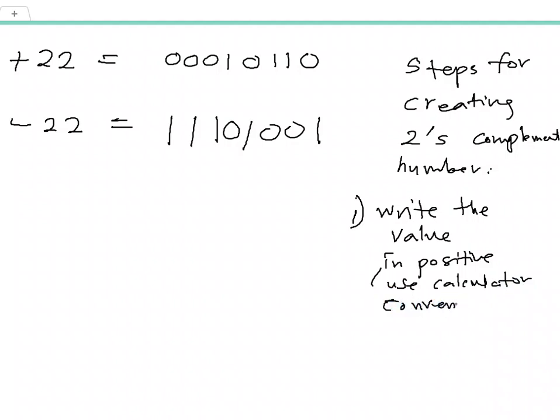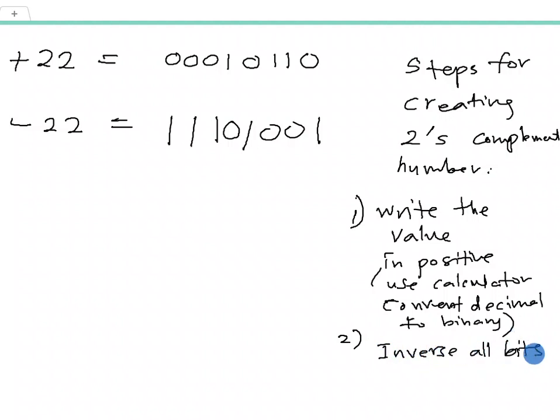Convert decimal to binary. Second step, inverse all bits. 1 to 0, 0 to 1. Then last one, add 1.